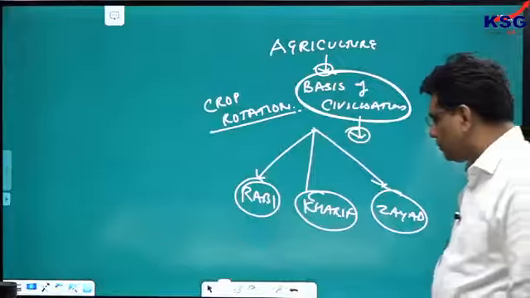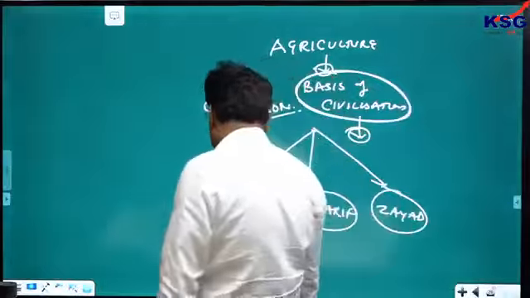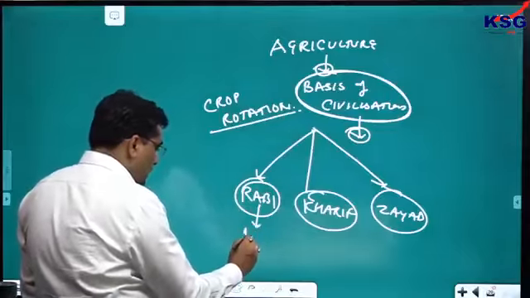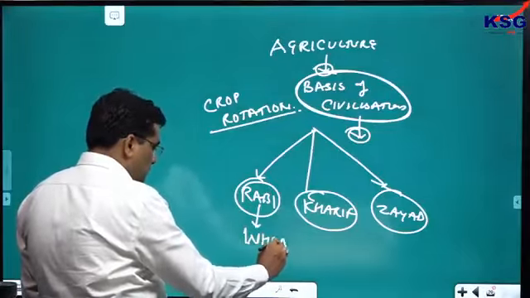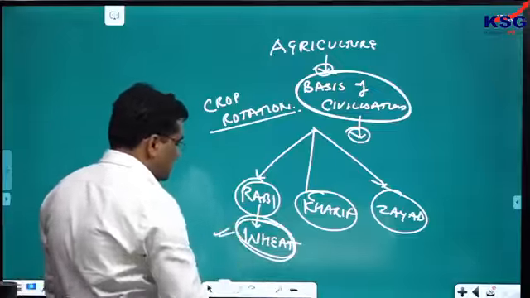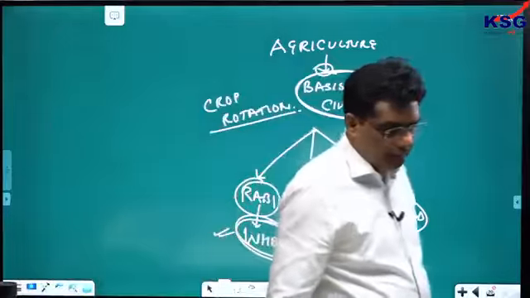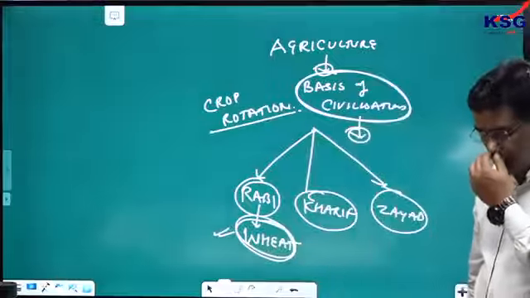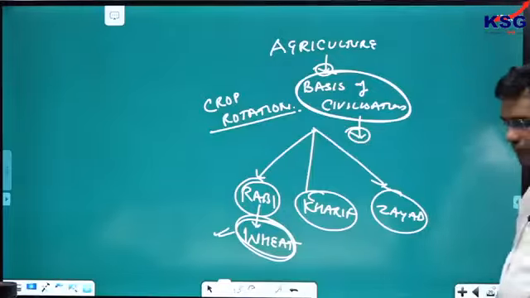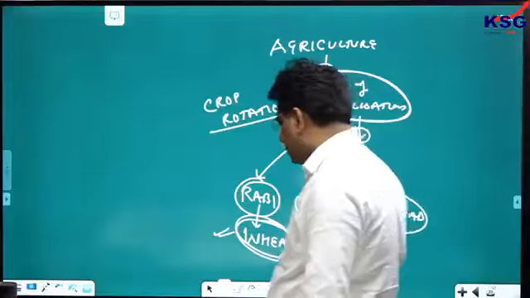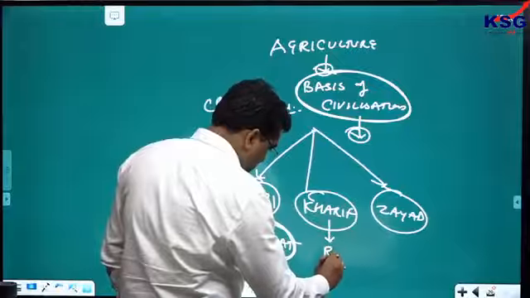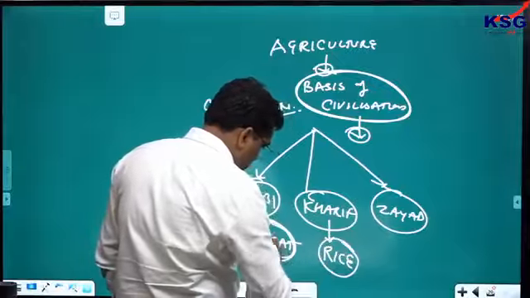Rabi means wheat, Kharif means rice, right? So Rabi crop is wheat. Majority of the Harappan civilization, they had the wheat production. Kharif, rice.